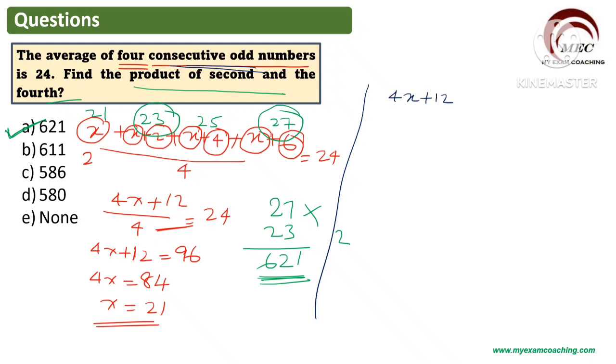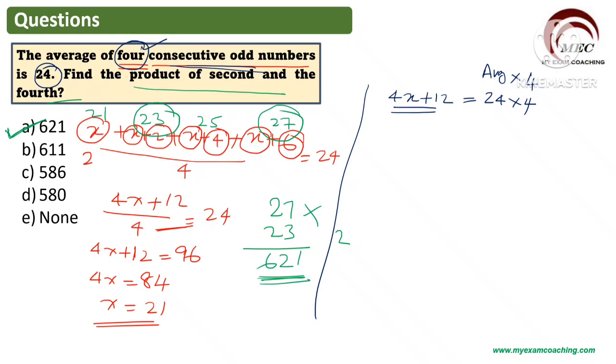Remember all these things. 4x plus 12 will be equal to the average 24 multiplied by the total number of numbers, 4. So average multiplied by total number, how many numbers are there? 4 numbers. So multiplied by 4, we got 4x plus 12. 4x plus 12 is the sum of 4 consecutive odd numbers or even numbers.